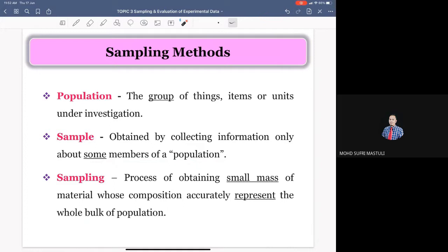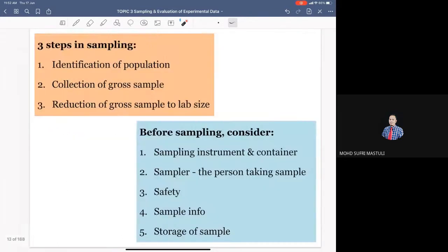So if this is the population, the part of it that we take is a sample. After we collect the sample from the population, we can proceed with the sampling technique. Sampling is a process of obtaining a small mass of material where the composition accurately represents the whole bulk of the population.